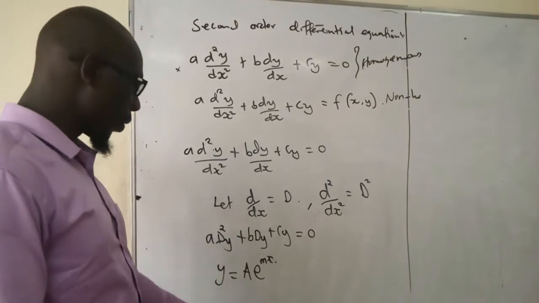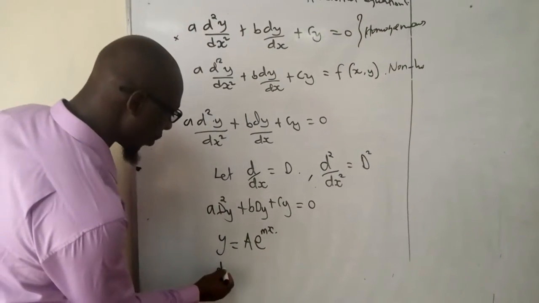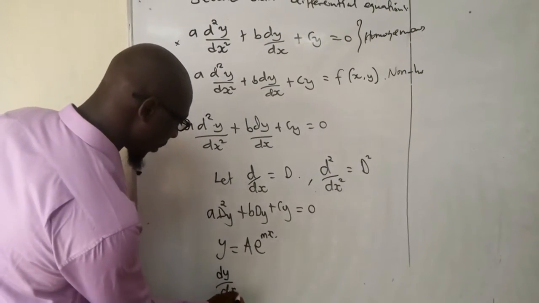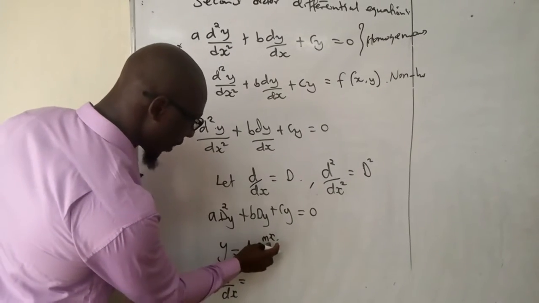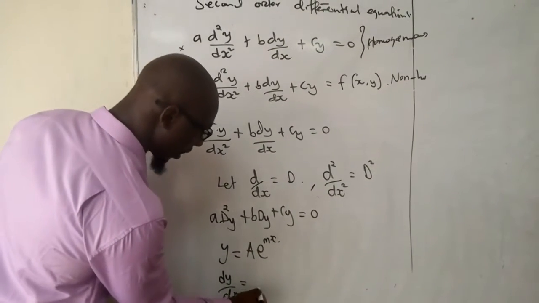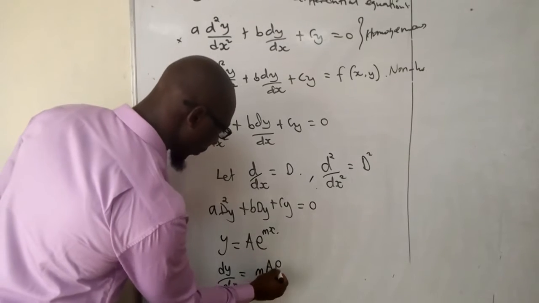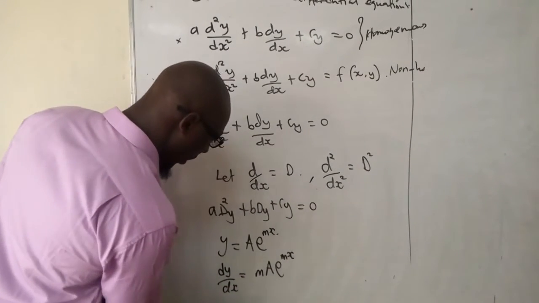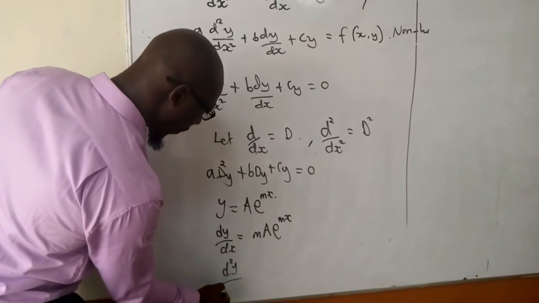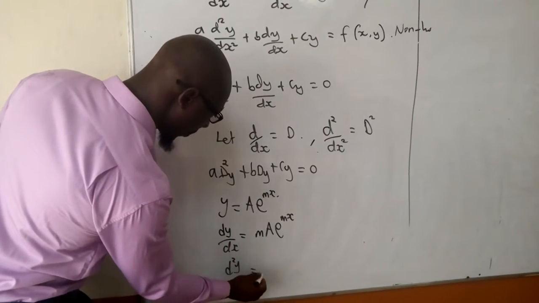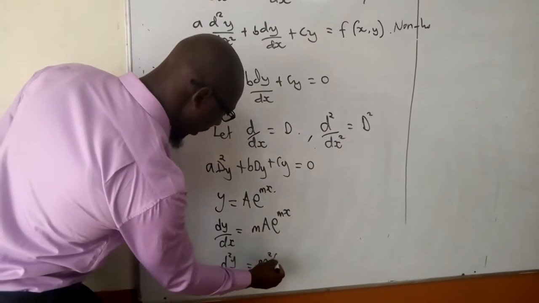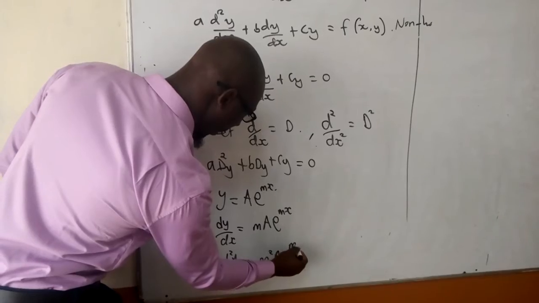So if this is y, what will be dy over dx? dy over dx shall be, if you differentiate this equation with respect to x, m A exponential of mx. And d squared y over dx squared shall be m squared A exponential of mx.